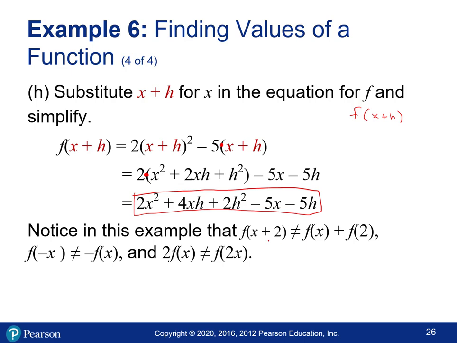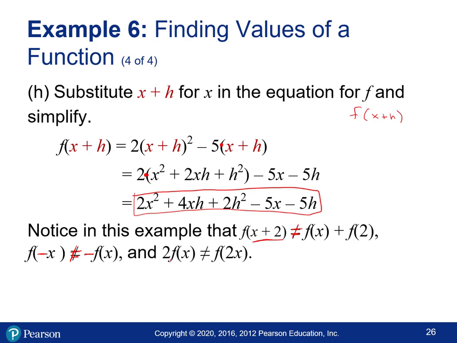Now, we did multiple examples to show that this is going to be the case. When we plug in x plus 2 together like this, it wasn't the same answer. It was not equal to doing these separately, f of x plus f of 2. Similarly, the next one, when we plugged in negative x, it was not the same answer as putting a negative on the outside of our function and multiplying like that.